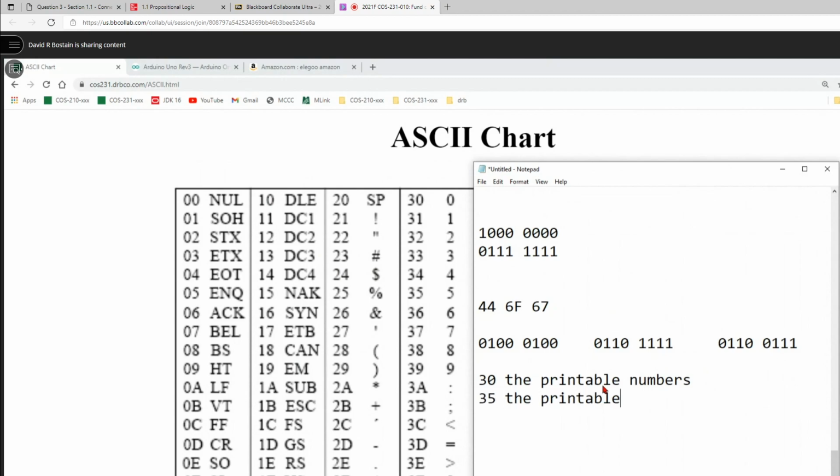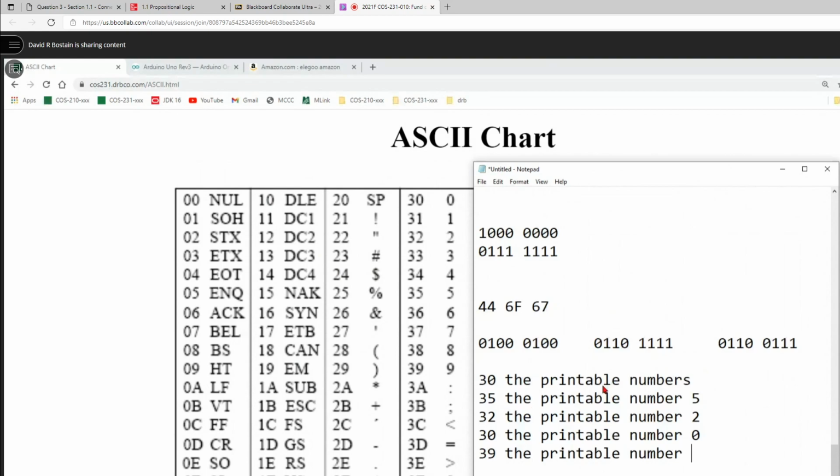So this is the printable number 5. Printable number 2 would be a 3, 2. Three 0. And 3, 9 would be the printable number 9. Notice that the only number we have to remember is the 3, 0. So that's to be memorized. The 3, 0 is where the numbers are.